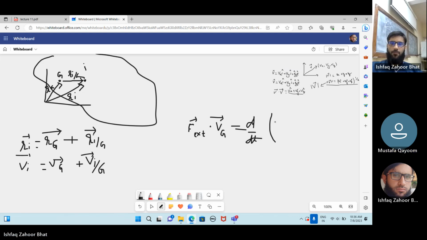That is, one half of m total Vg squared plus summation of one half mi vi squared, with vi with respect to g.